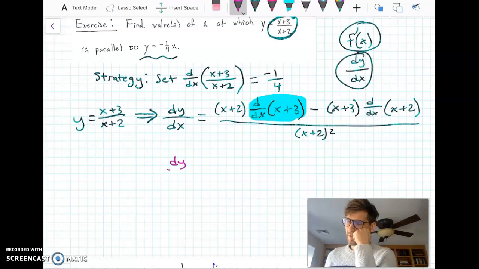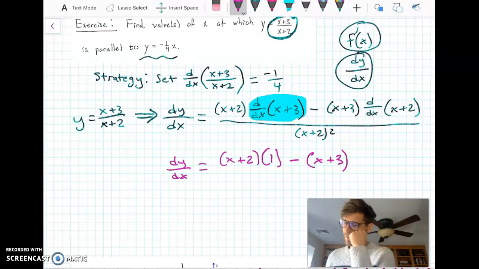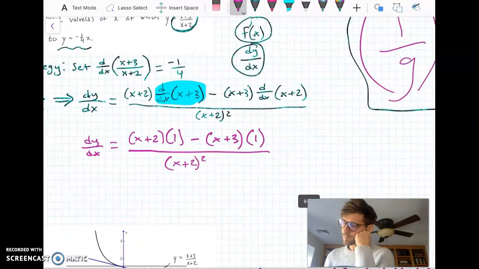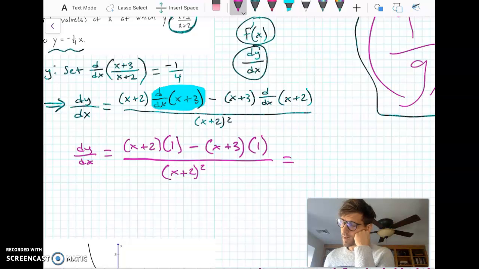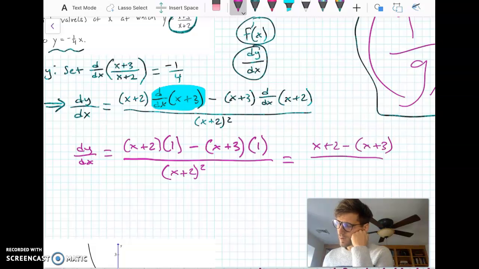So my derivative is going to equal x plus 2 times 1. Nice. And then the derivative, very similarly, of my denominator is also 1. And I'll just leave this as x plus 2 squared. Now, moving over here to the right, I'm just going to get x plus 2 minus x plus 3. I could distribute my negative there.